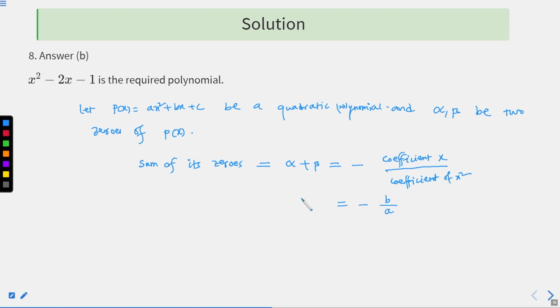And the product of its zeros, alpha times beta, is equal to the constant term divided by the coefficient of x square.